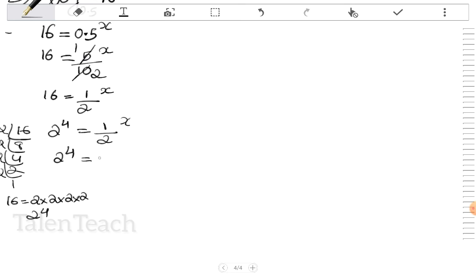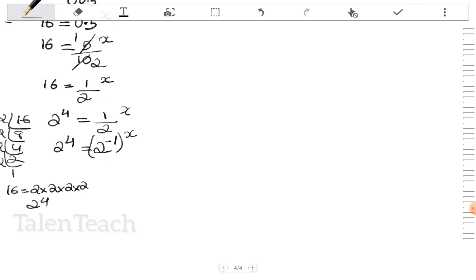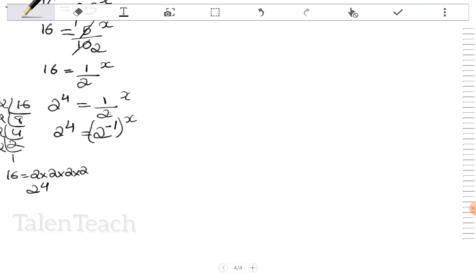So here it will be 2 raised to minus 1, whole raised to x. So 1 by 2, here the power is positive 1. If the power is not given, it is 1 itself. So when we put 2 in the numerator, the power will be negative. So 2 raised to minus 1 whole raised to x.